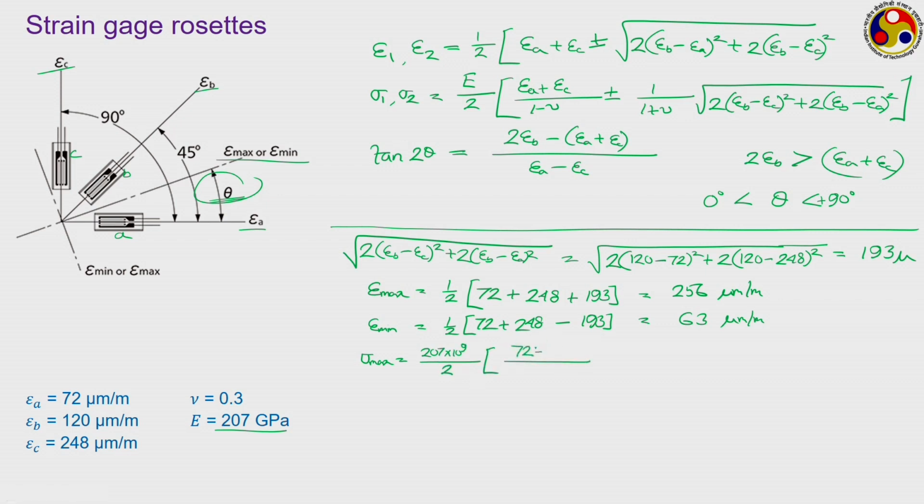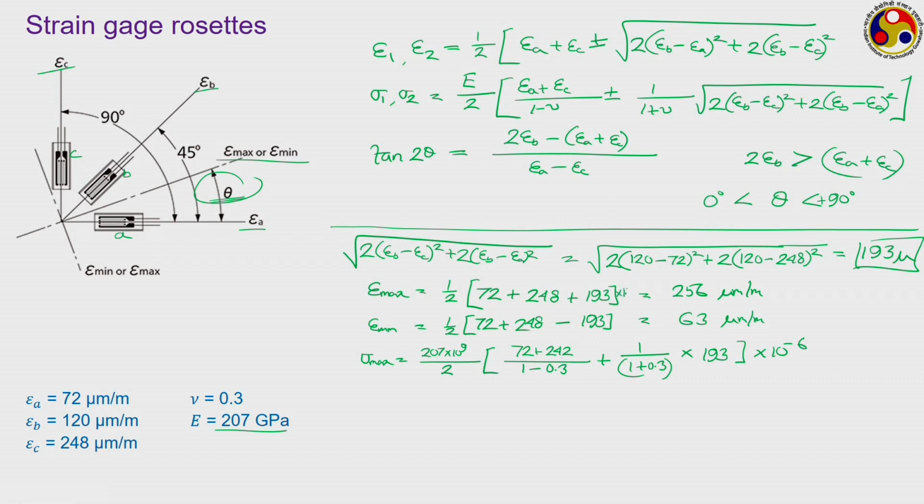So epsilon a is 72 plus epsilon c is 248 divided by 1 minus 0.3, plus minus, or sorry, we have to put the plus sign here as we are trying to get the maximum here. So 1 by 1 plus 0.3 into the square rooted value which we have already calculated here, which is 193, into 10 to the power minus 6 we are taking out, because remember this 72, 248 and 193 all have 10 to the power minus 6 incorporated.